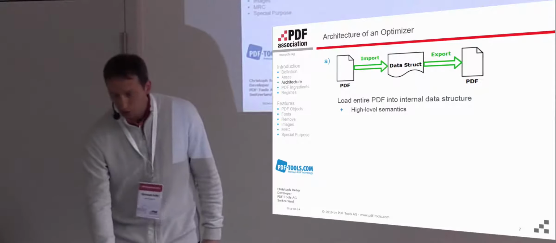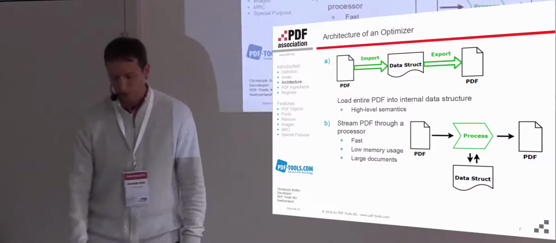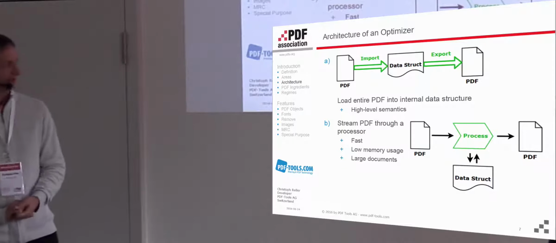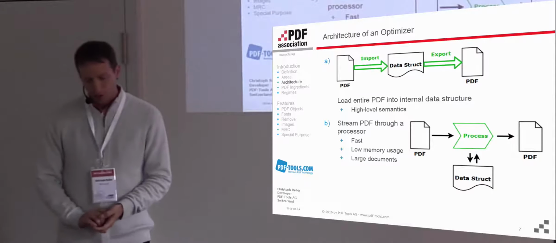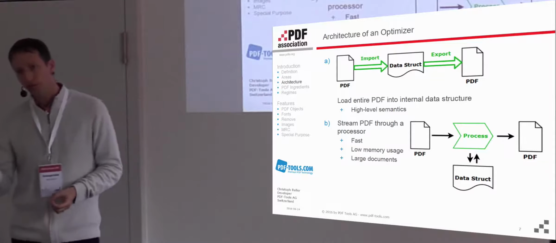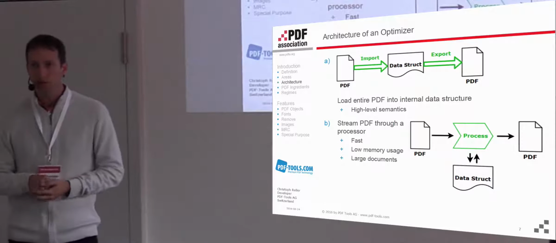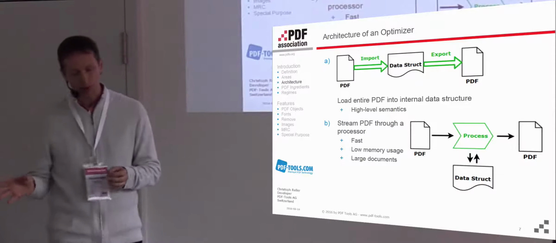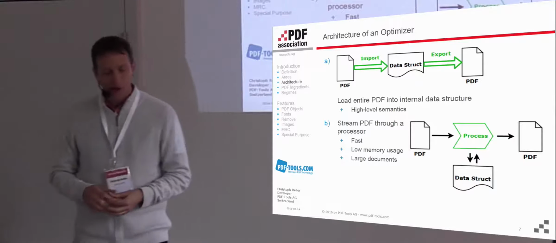Now, I would like to show you a second option. You have a PDF at the input and a PDF at the output, as above. But you have a processor in between, and you stream the input PDF to the output, meaning that you can read while writing. You can read the input PDF while writing.